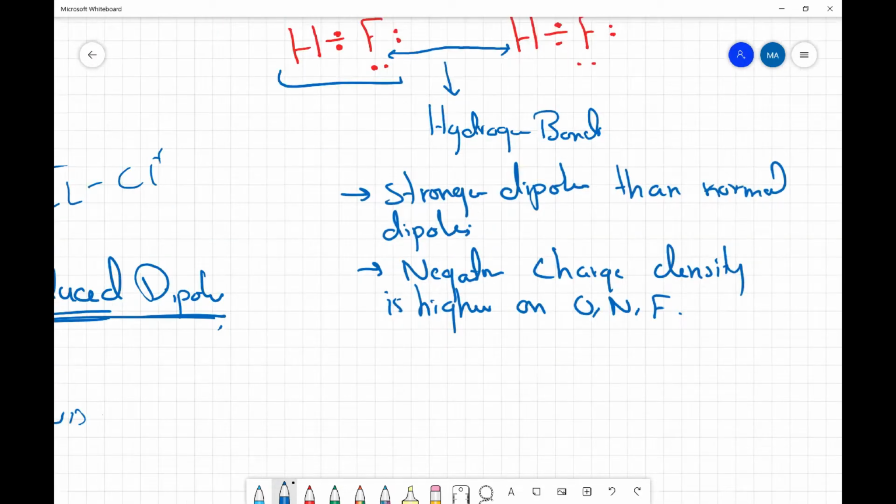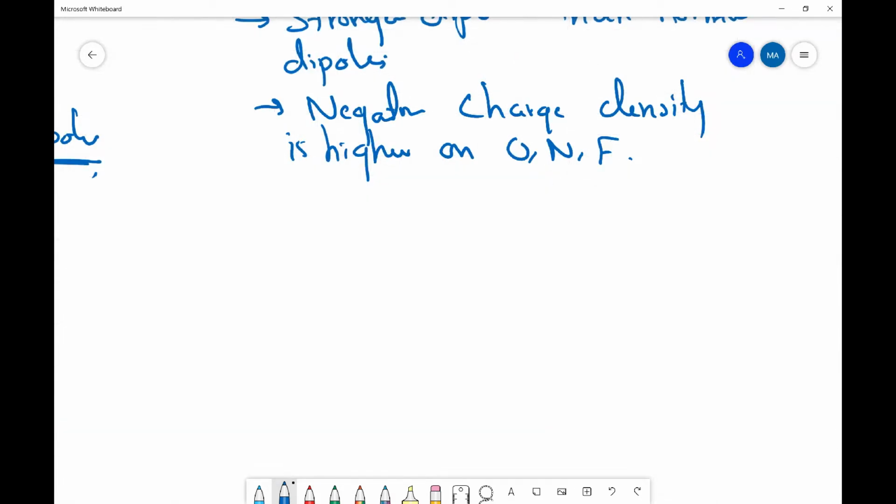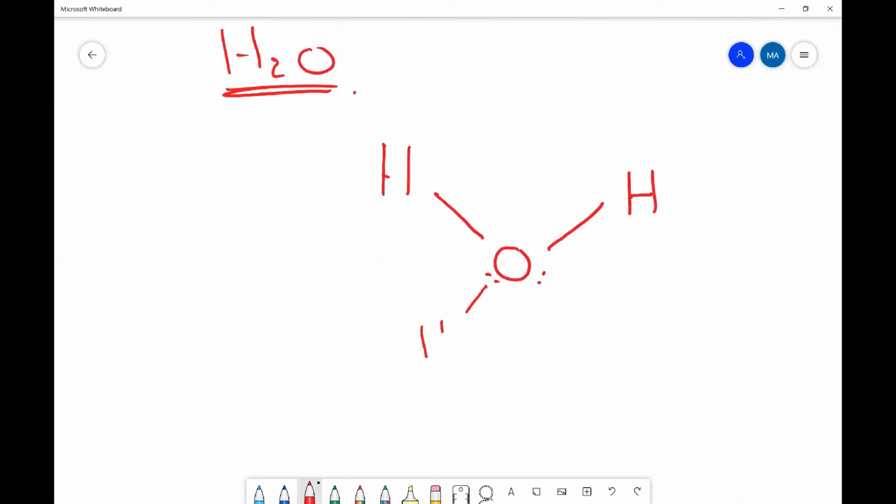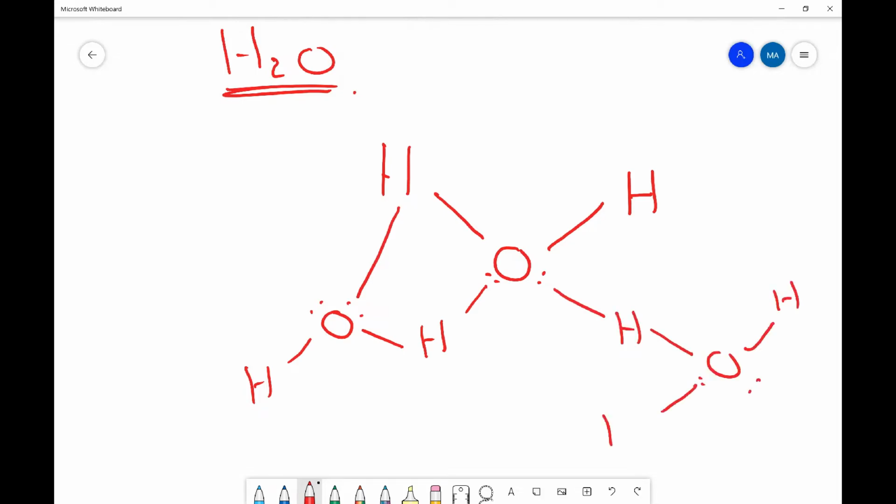We're going to look at water as an example. H2O is also a compound having hydrogen bonds, a very common compound जो हमें पता है. Water का structure किस तरह होता है? H, O, and H. Hydrogen bonded to oxygen. Oxygen has 2 lone pairs. With these 2 lone pairs, more hydrogens are bonded. And with those hydrogens, there are more oxygens. Those oxygens also have lone pairs. फिर उनकी आपस में bonding हुई हुई होती है. तो this is how a structure of water looks like. ये यहाँ पे फिर O, फिर H. See, this is how the structure continues.